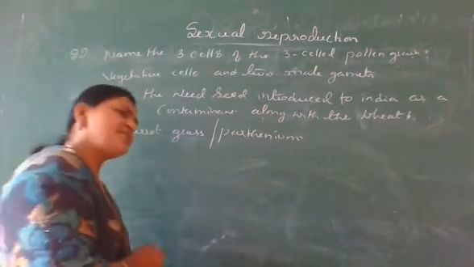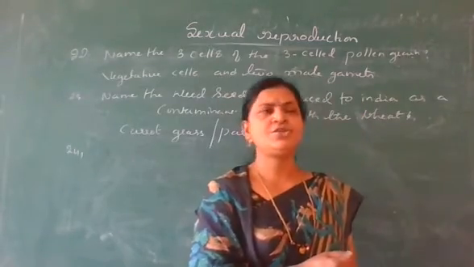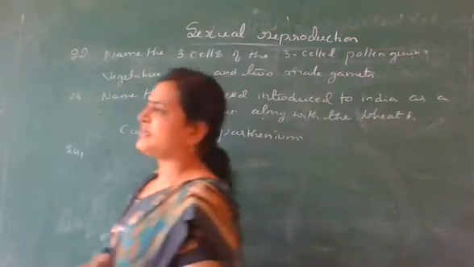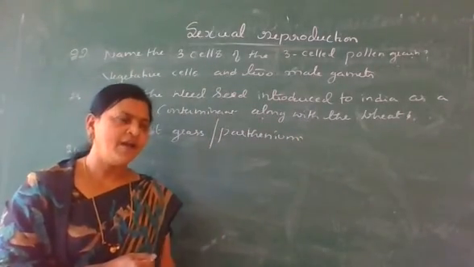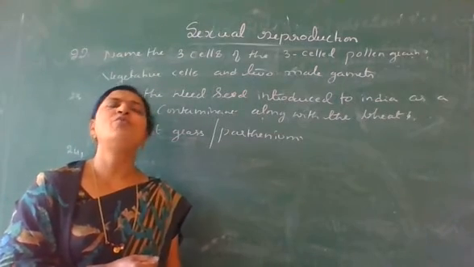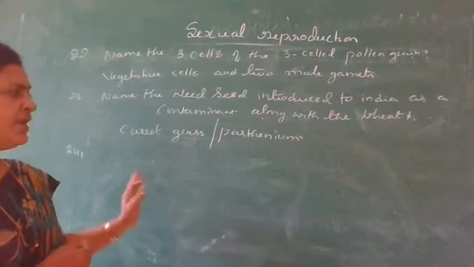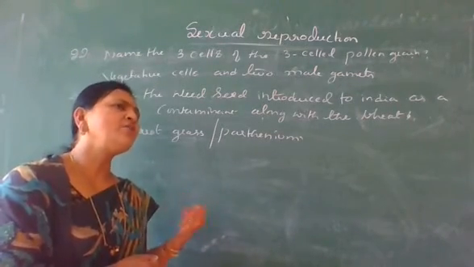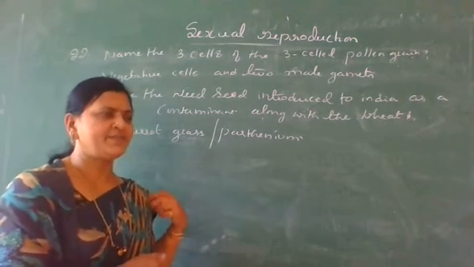What is placenta? Placenta is the tissue present in the ovarian cavity or the locule of the ovary, where the ovules are attached. That is called placenta. So mainly on this placenta, the ovule development takes place.